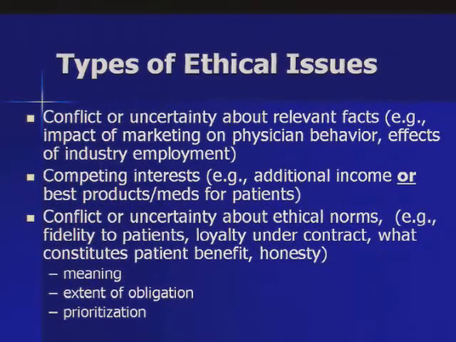What constitutes a patient benefit? What counts as being honest? What constitutes a lie? What are the norms that I'm required to live up to in my professional role? And we have to think about those norms in terms of their meaning, the extent of the obligation, and how we prioritize the different norms that we perceive to exist for our professional role.